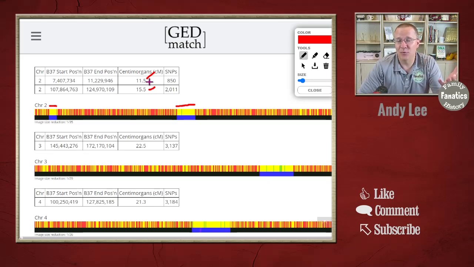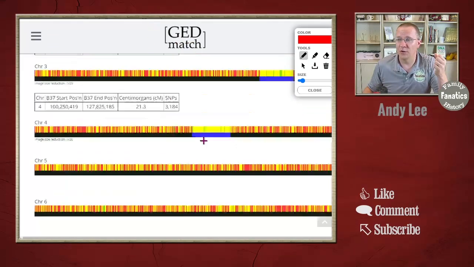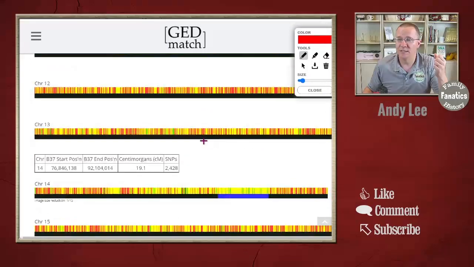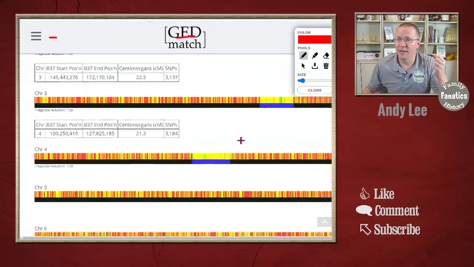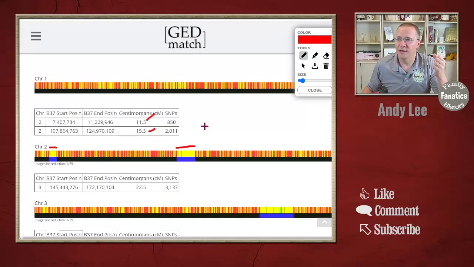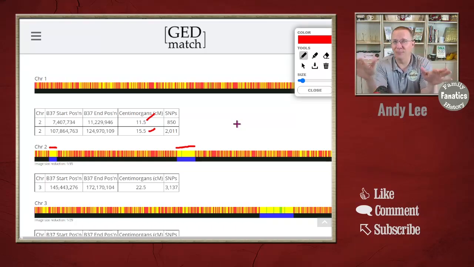If you have people that you share multiple segments like this with, you're hoping that there's a 20 or maybe even a 30 centimorgan segment that is part of that. In this case, I have, it looks like, 1, 2, 3 of these segments over 20 centimorgans. The other 2 are just above 10 centimorgans. So visually looking at the length of these blue bars is not important. What is important is the centimorgans.